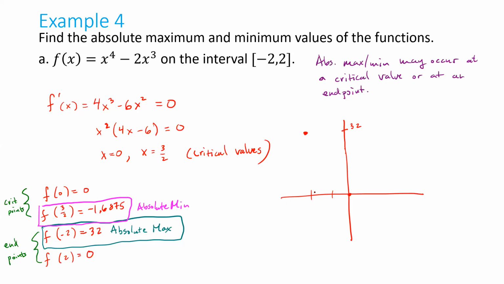F of 3/2 is -1.687, so something down here maybe. And f of 2 is back at 0. So it kind of dips down to this point here, but then comes back. So that's where we have our absolute max here and our absolute min here.